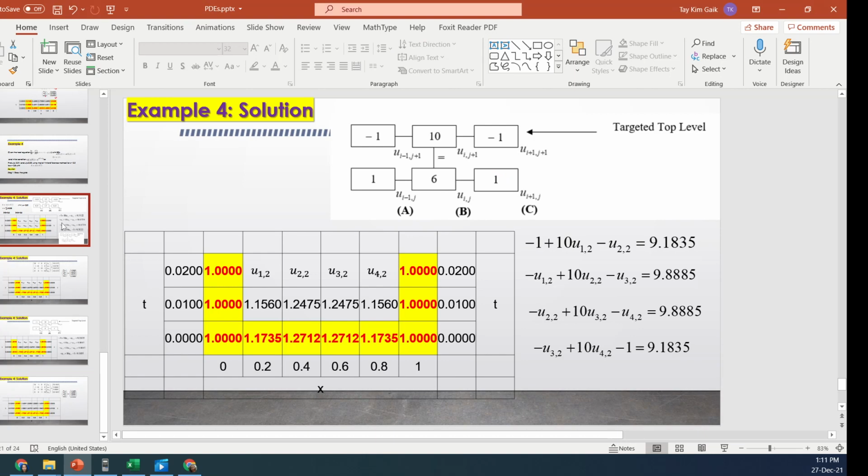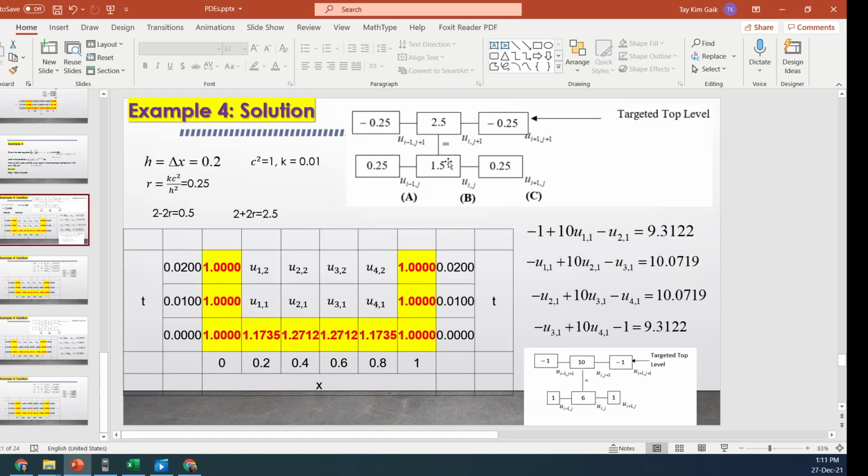Now maybe we start from the beginning. Initially you divide each coefficient there by R. You have negative 1, 10, negative 1, 1, 6, 1.